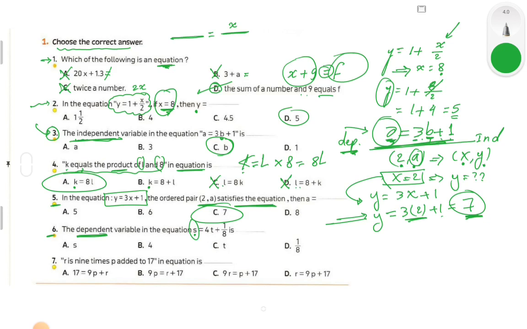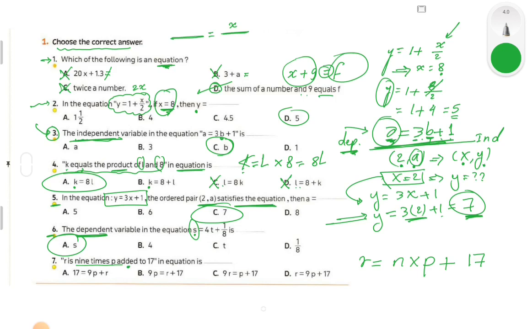Now the dependent is R. R is, this means R equals 9 times B, added to 17, which means plus.